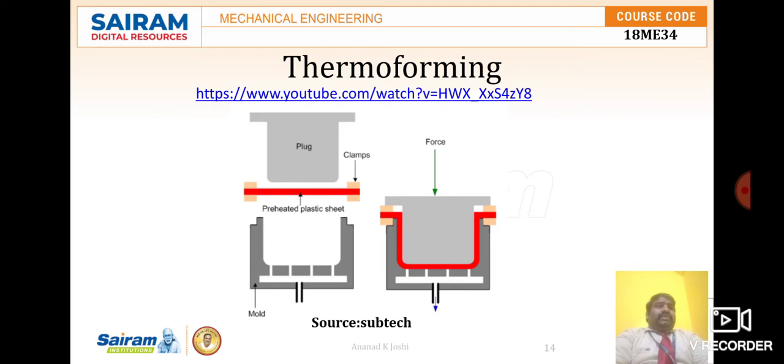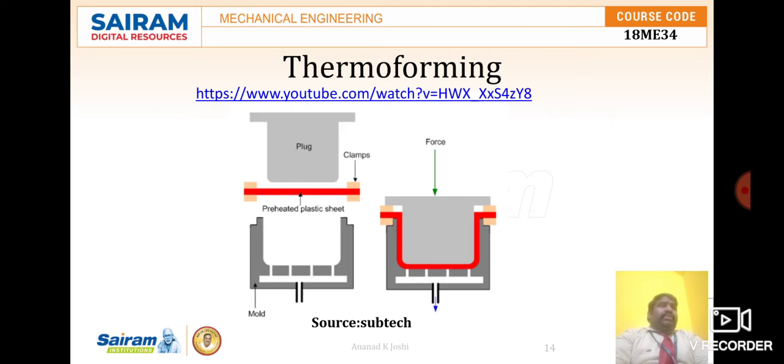The sagging plastic sheet is rapidly pulled against the die, causing the sheet to conform to the shape of the die or mold. Another type available is pressure thermoforming.